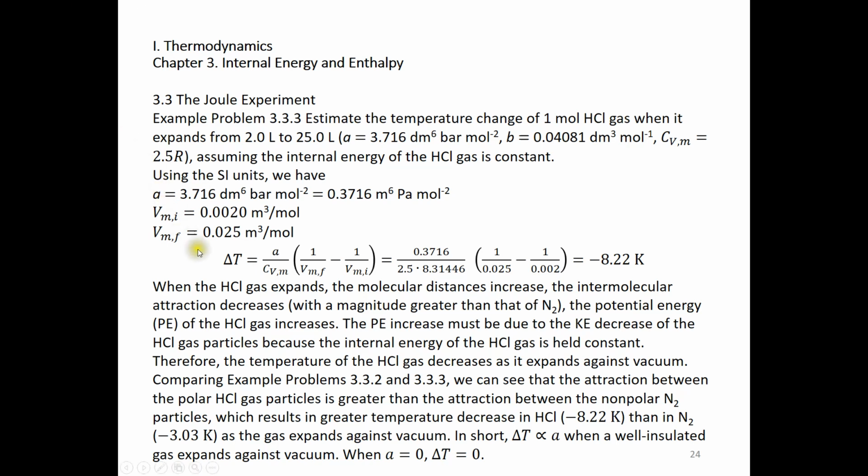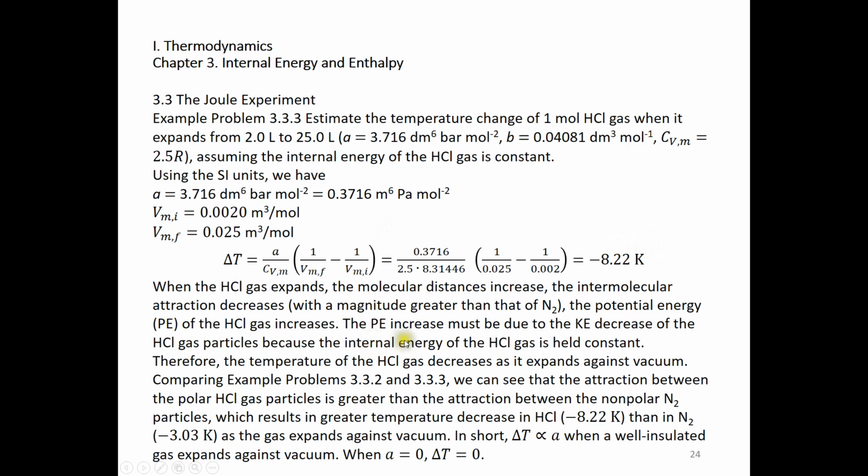Also, by looking at this equation, delta T is proportional to A. For HCl, we have a larger attraction than between nitrogen molecules, and therefore we have a larger A. When we have a larger A, we have a larger delta T. We can see a more obvious temperature change in this case with HCl as our system.